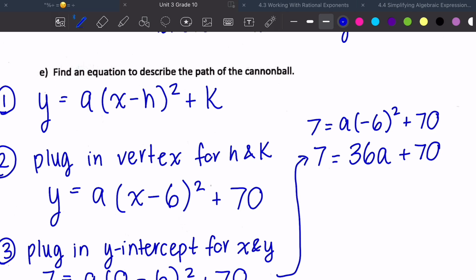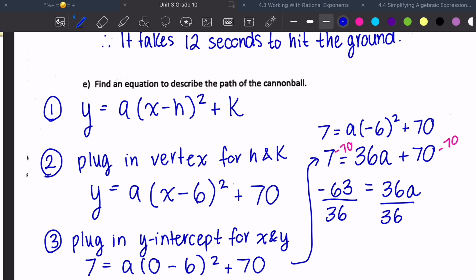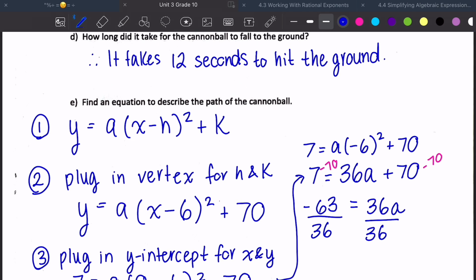Minus 70. I've got a minus 70 on both sides. So this gives me negative 63 equals 36a. If I want a by itself, I just have to divide both sides by 36, which gives me negative 1.75.